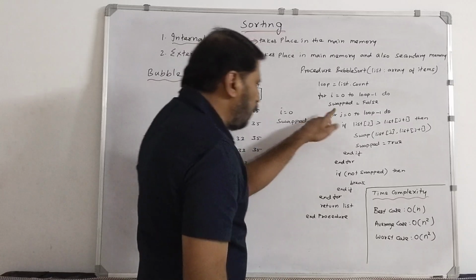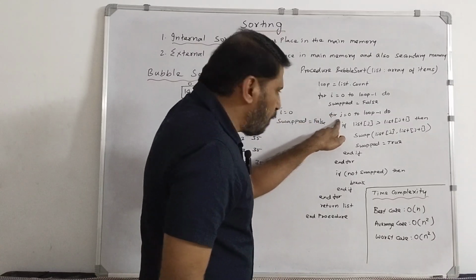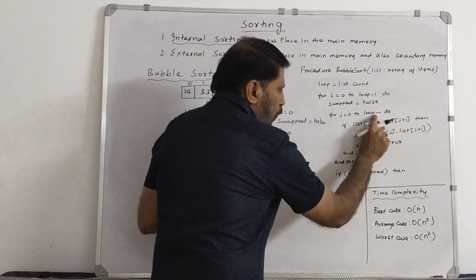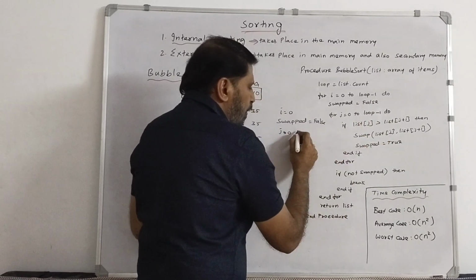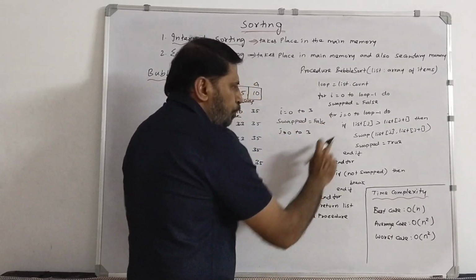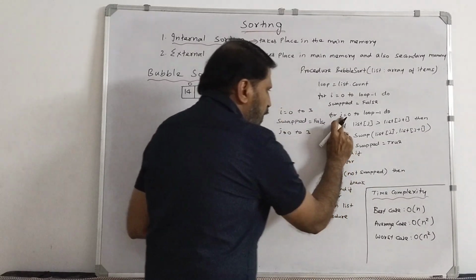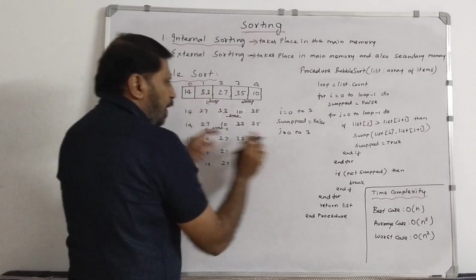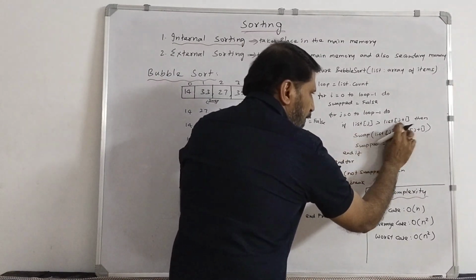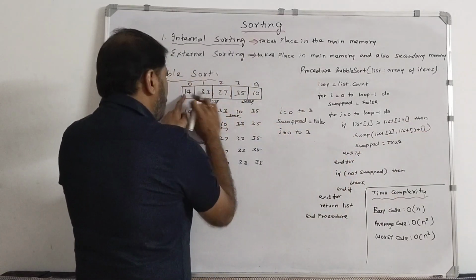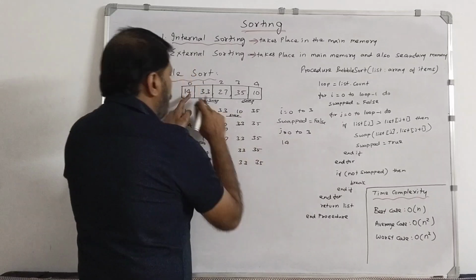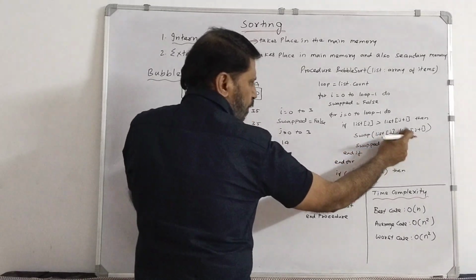Okay. Now I come to the inner for loop, j becomes 0 to n minus 1, that is loop minus 1, which is 3. So this is also 0 to 3. Inside, we check j equal to 0, which means it takes the 0th value, and if list of j is greater than list of j plus 1.